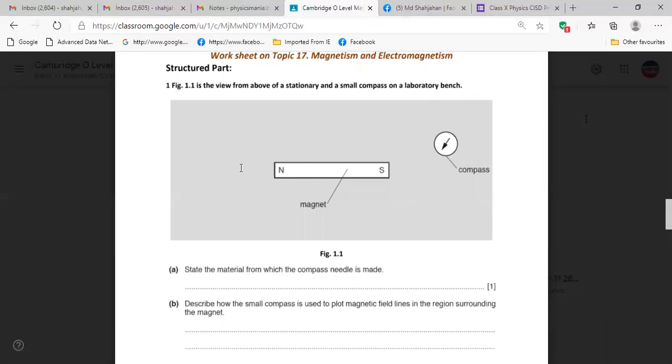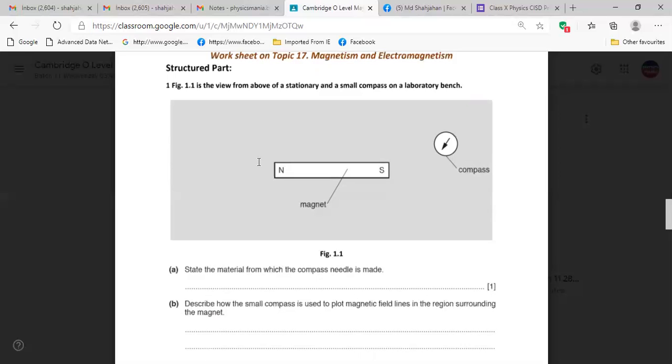Then here you mark a point. So how to write it? The first point is place the compass closer to the North Pole and observe the direction of the compass. Mark the direction of the compass with a dot. Is it clear?